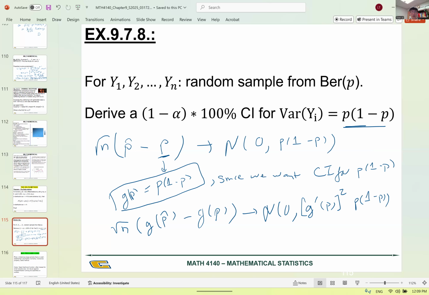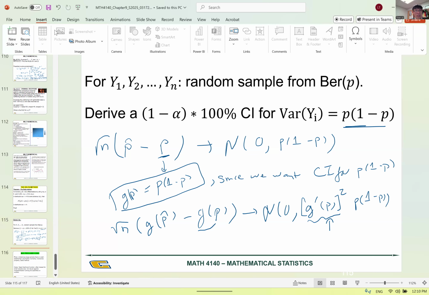My goal now is that in order to find the confidence interval for this g(P) here, I need to specify the distribution of this guy. After I specify the distribution, I can propose my confidence interval. So everything is clear here, except for this guy.